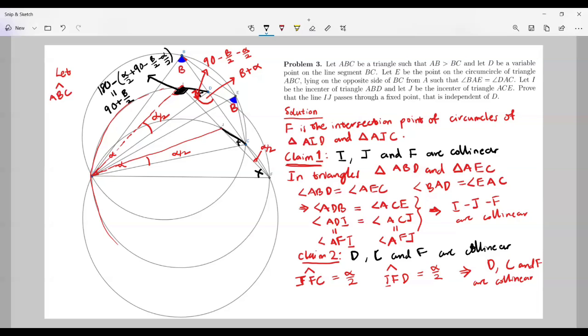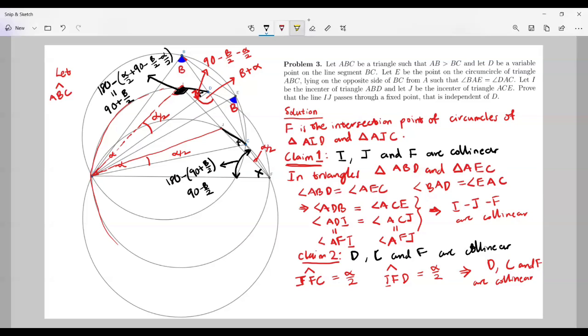So it means this angle here is 180 minus this angle. So 180 minus B, this angle here is, the opposite angles of a cyclic quadrilateral are supplementary. So that's 180 minus 90 plus B over 2, which is 90 minus B over 2. So we have this angle is constant.